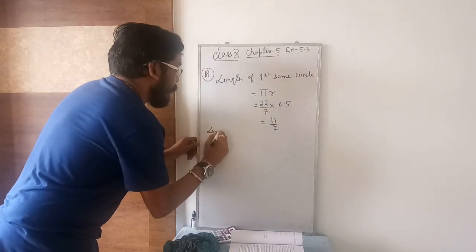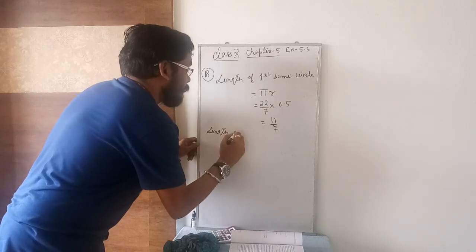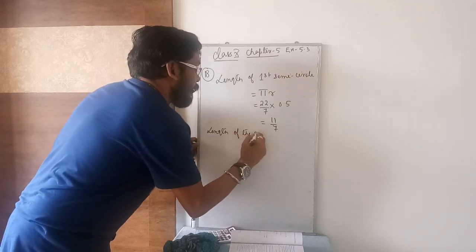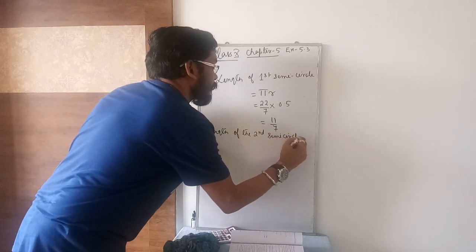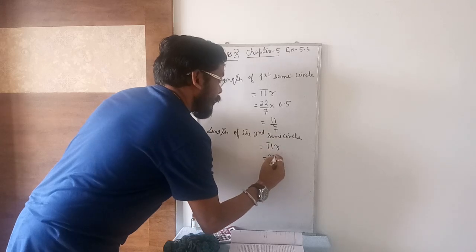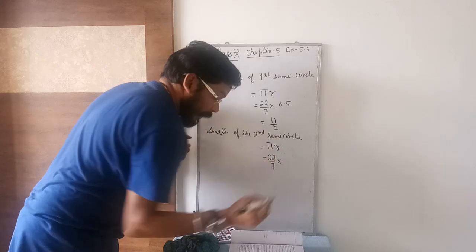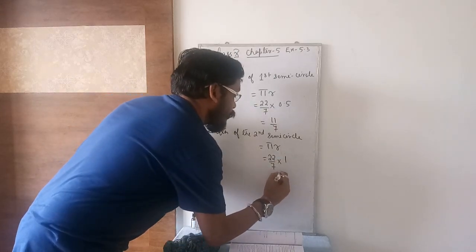Then the length of the second semicircle. It will be the same, pi r. So it will be 22/7, here your r is 1, so it will be 22/7.